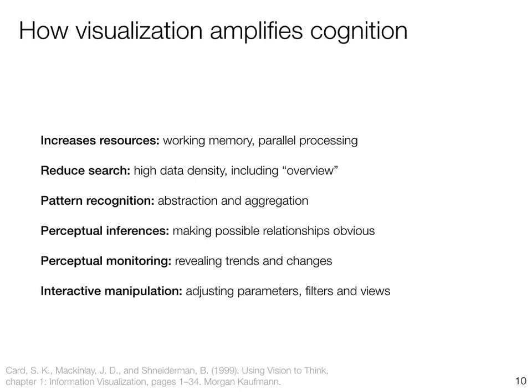And then we can also support cognition through interactive manipulation, so that there are actually ways of adjusting parameters, setting filters, changing views, so that we can actually make sense of a data set and thus also of an issue or a phenomenon from different perspectives.